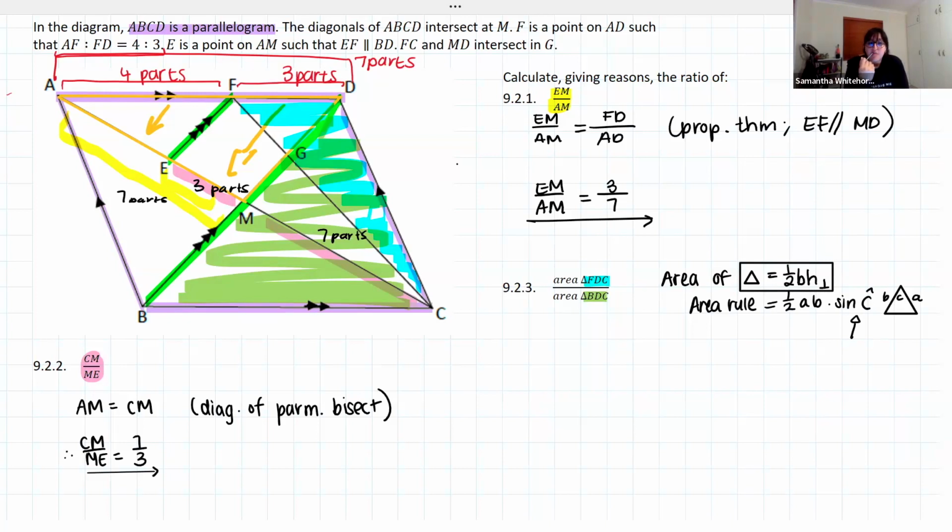If we think of half base times height, I want you to look at the 2 triangles that I've beautifully highlighted there. And I want you to tell me what is the same in both of those triangles. So think about half base times height. What is the same in both triangles?